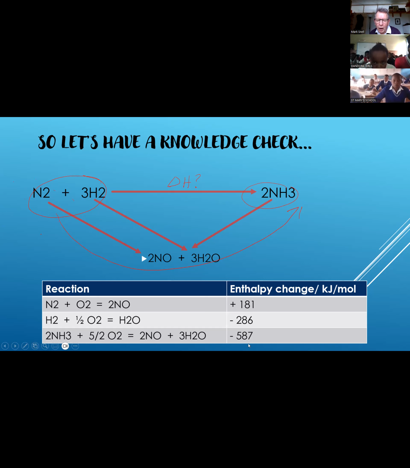This one is only 1 times negative 587. But I'm going to have to change the right-hand arrow, to go up. The number that you should come out with is quite small and negative.